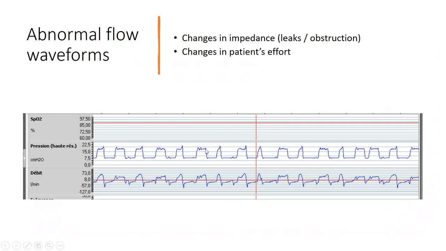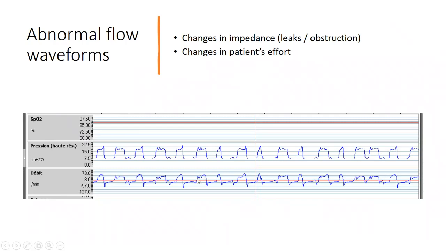Let's see this really abnormal tracing. If I try to find a normal flow waveform, this is from France, probably this one should be considered normal, and probably this one. What happens, for example, here? The peak flow is lower, and the time constant is not homogeneous.